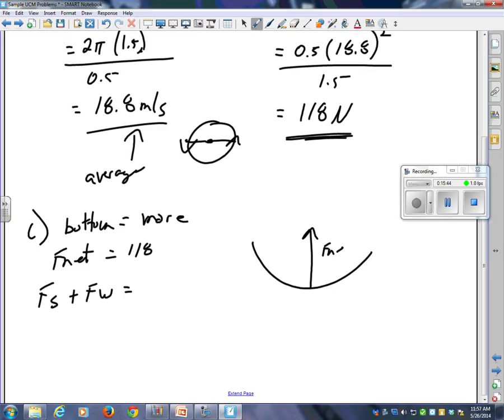Up, which we're going to denote as positive. So I'm going to leave this as positive 118. Which direction is the string force? Well, that's what we're trying to find. My weight force is going to be 0.5 times minus 9.8.